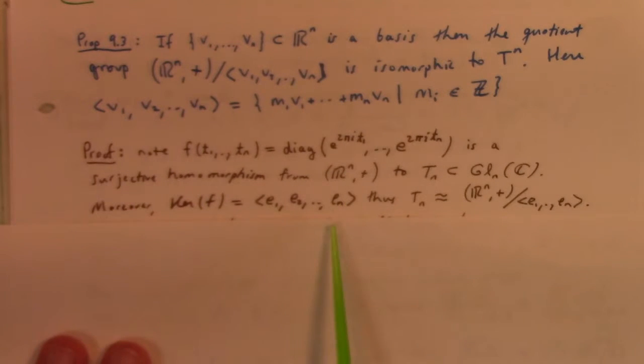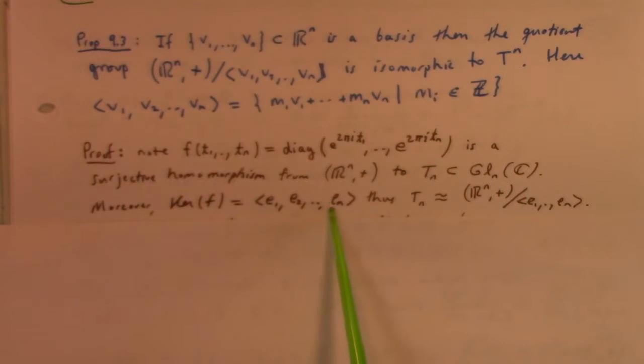So anyway, the kernel of this mapping is what? Well, it's exactly the integer linear combinations of e1 through en, right? Well, why is that? Why? I guess my question is, why is it just that?